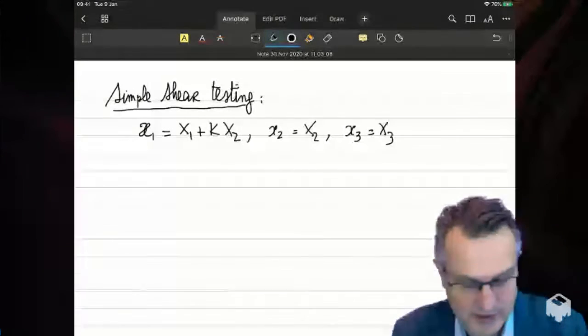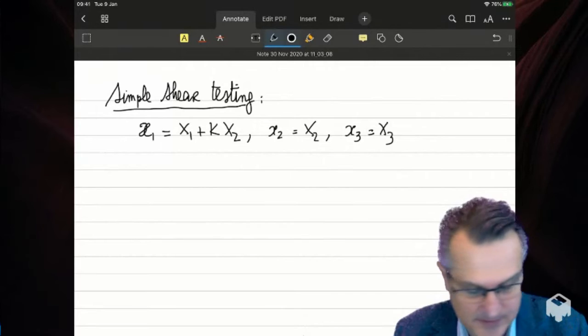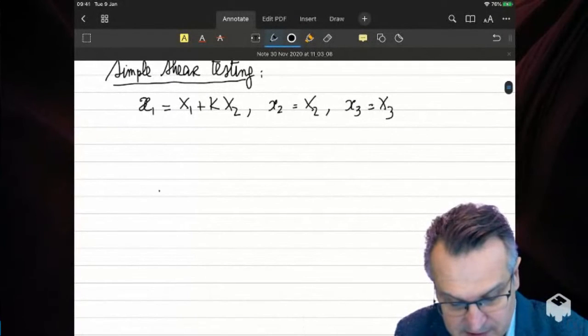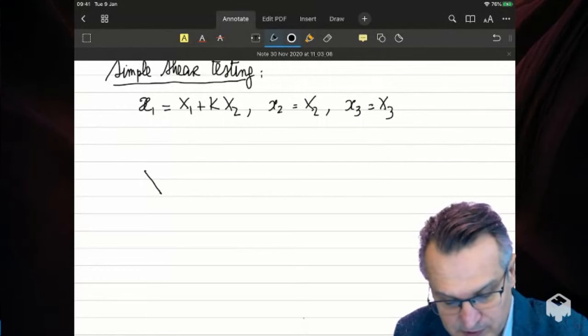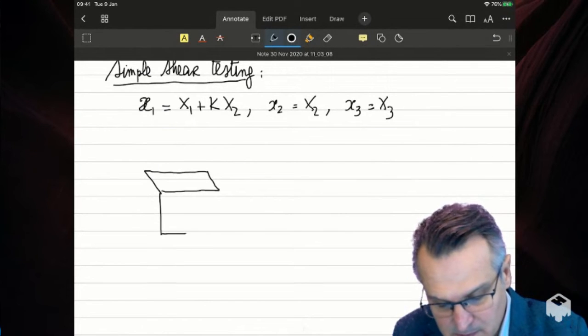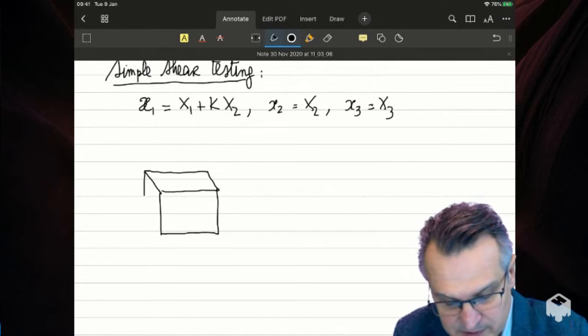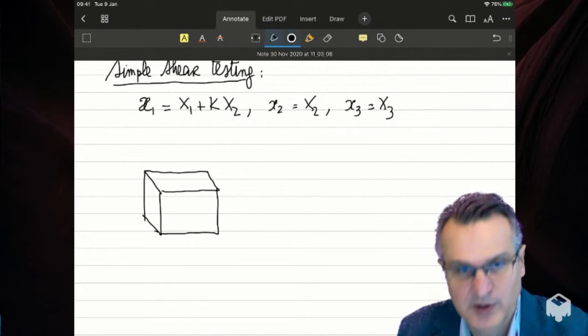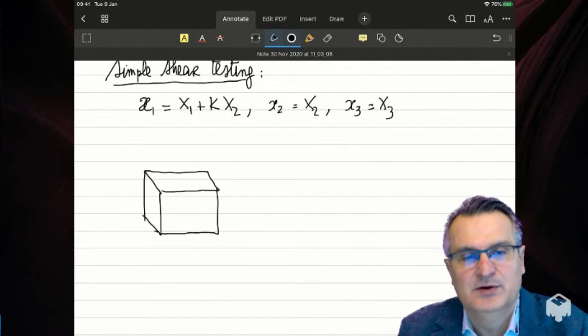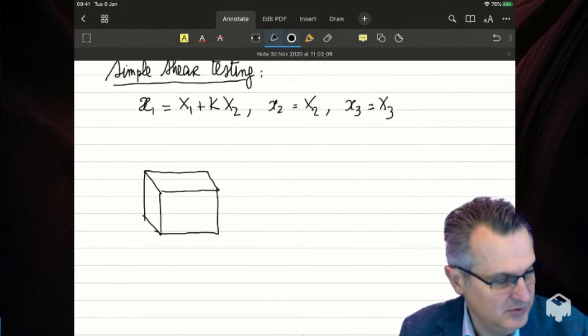And okay, I guess I should do the drawing, but typically you start from a cuboid. So here I made it in the shape of a cube. Really, it should be a thin rectangle. By the end of the lecture, we'll know how or why.